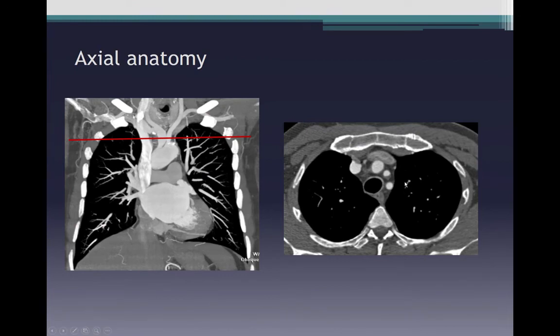So we are now just above the aortic arch, and here we can see from the right to left, the most right structure is the right brachiocephalic vein. So on the left side, you have the left brachiocephalic vein, and it is these two brachiocephalic veins that will join together to form the SVC.